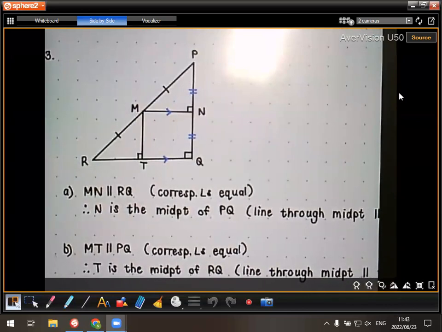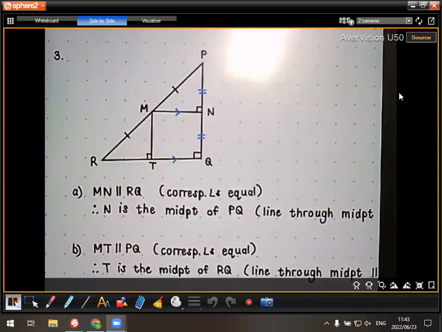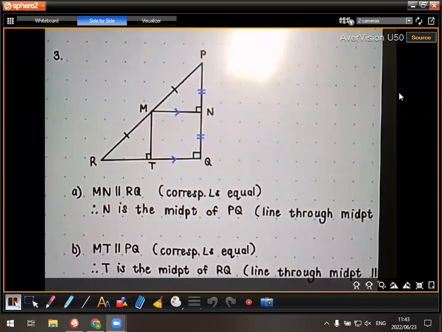Yes, Daniel? Usually you don't have to use the construction unless it's approved, but what do you do? I extended CN, from C to N, and then I called that point B. And then I said BN is equal to NC, which are opposite sides.